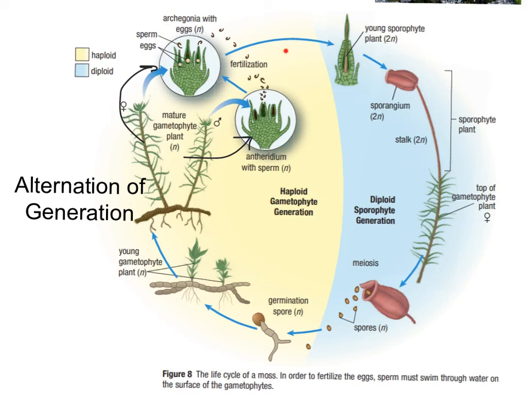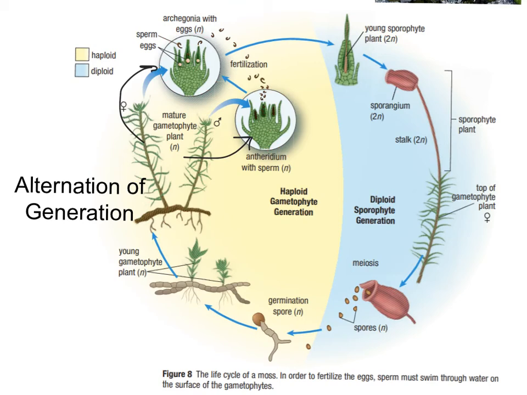And when these gametes meet, they can fertilize, and you will end up with a young sporophyte, which is 2N. So 2N means it's diploid. So it has one set of chromosomes from dad and one set of chromosomes from mom. In this case, it just so happens that they might be from the same plant.